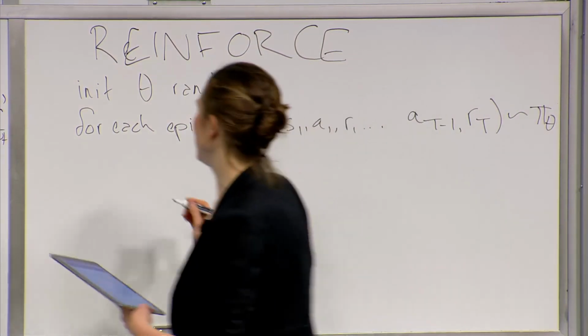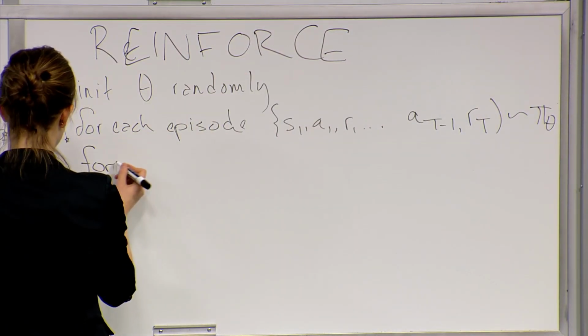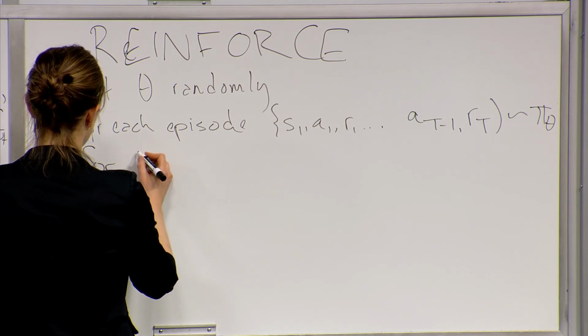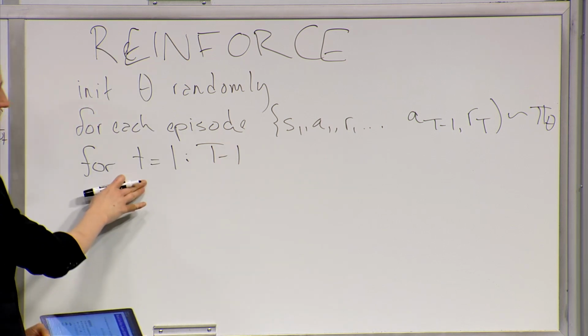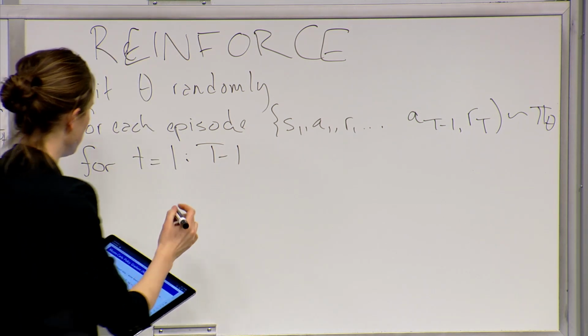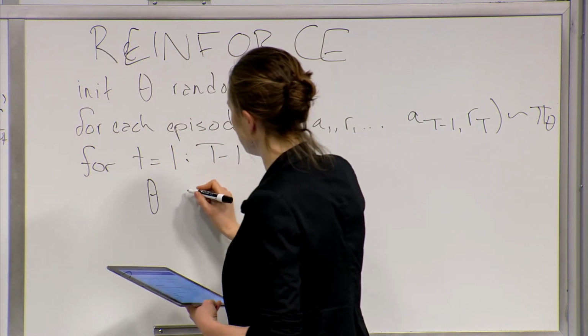And then for every step in that trajectory, you're going to update your policy parameters. So for every time step inside of that episode, we're going to update our policy parameters.